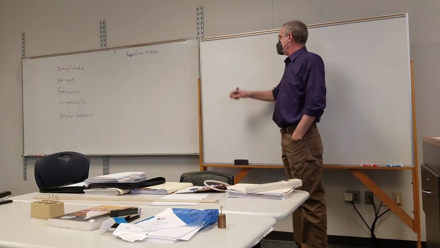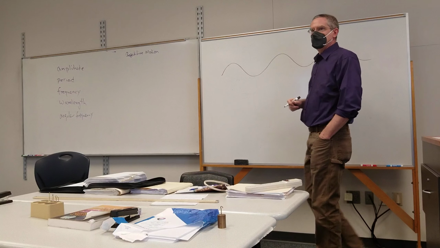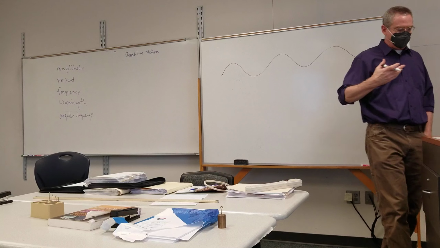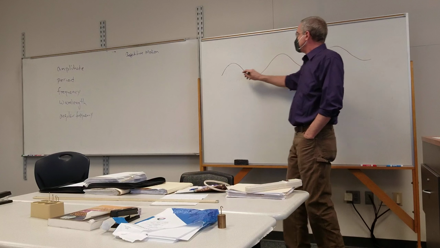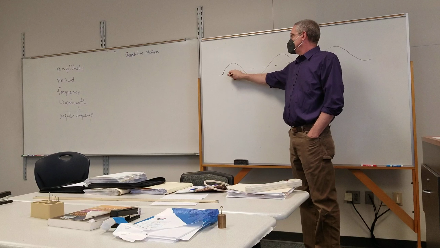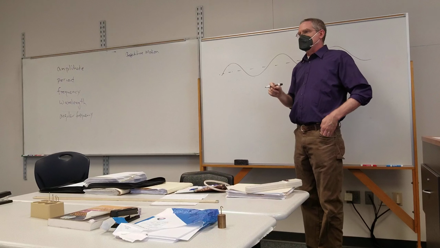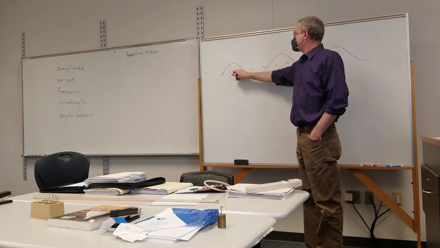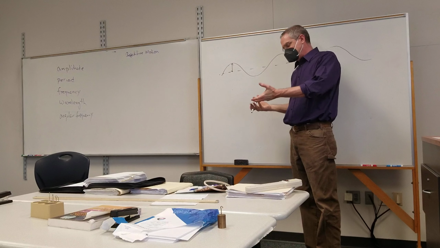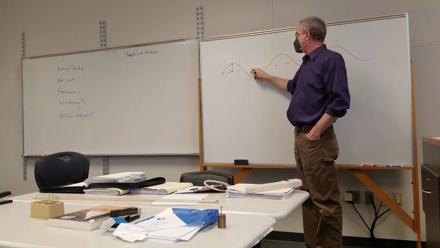Probably the simplest is if I've just got a wave that's oscillating back and forth. This could represent lots of different types of wave, but there's some middle point. And the amplitude is just, I'm going to say distance, but let's put that in quotation marks. It's not necessarily a distance, it depends upon the context, but from here to here, whatever that distance is or that difference in pressure is, it's the difference of whatever this is measuring from the peak to the middle or middle to the trough.